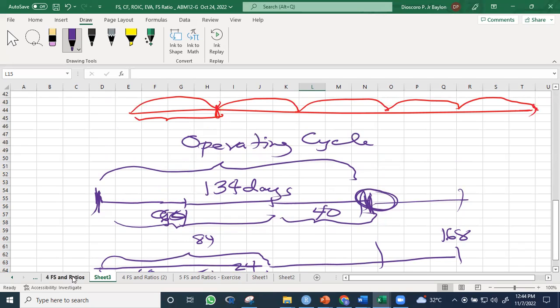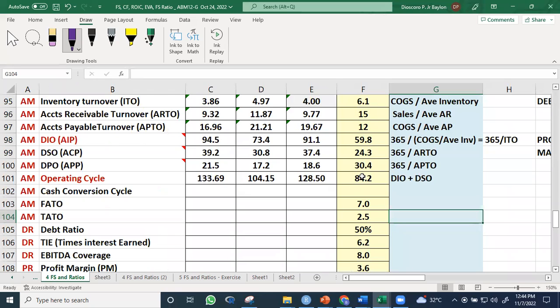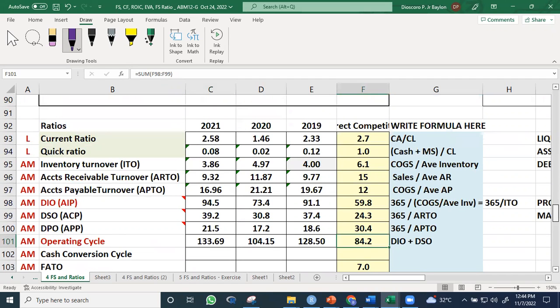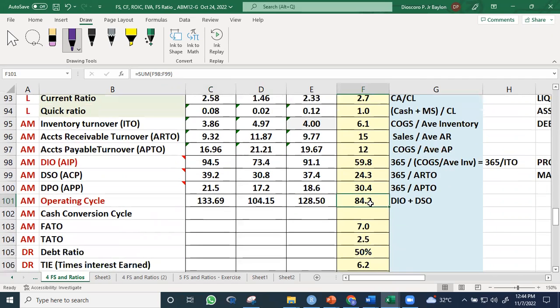So makikita natin yan sa benchmarking dito. 134 days operating cycle. The time it takes a company to buy raw materials, convert to finished goods, sell, and then collect. Samantalang si competitor, 84 days lang. Wow. Okay, so talagang tambak tayo ng direct competitor.